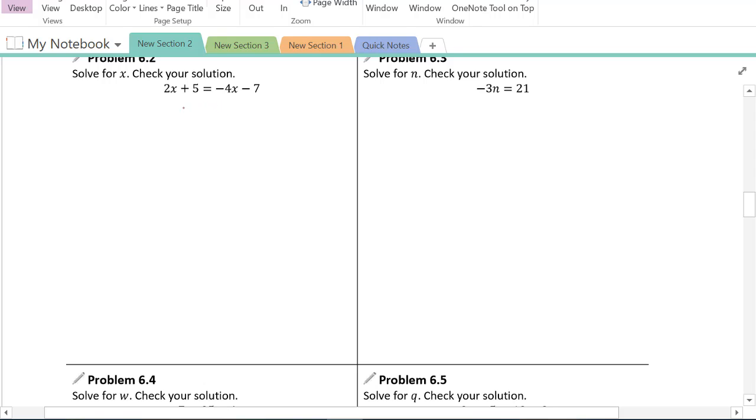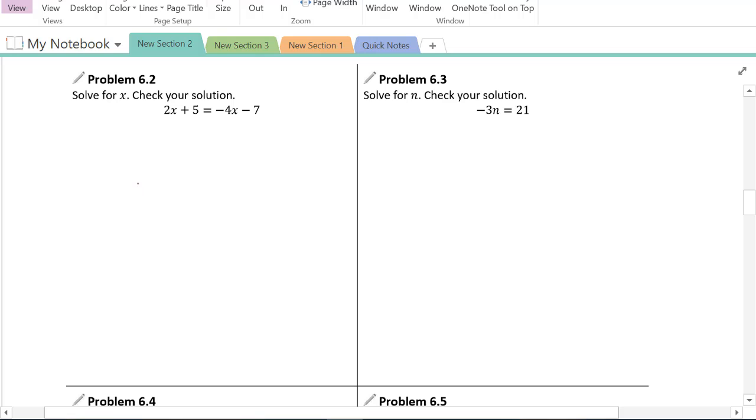So what I mean is I have two options when I solve equations, right? For 6.2, I can either move the 2x to the right side by minusing 2x to both sides, or I can move the negative 4x over by adding 4x to both sides.